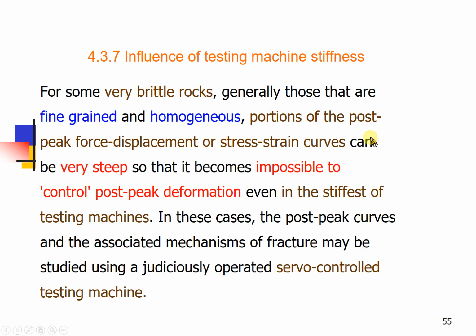Then the computer can communicate with the machine in a double way. Okay, so this will be a way to get the complete stress-strain curves using the servo control system.